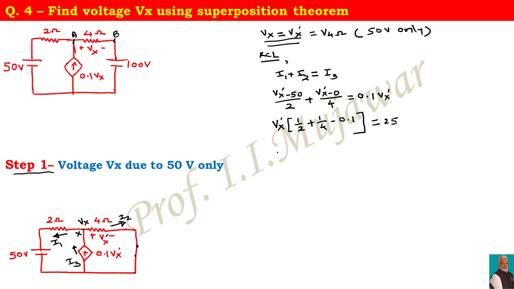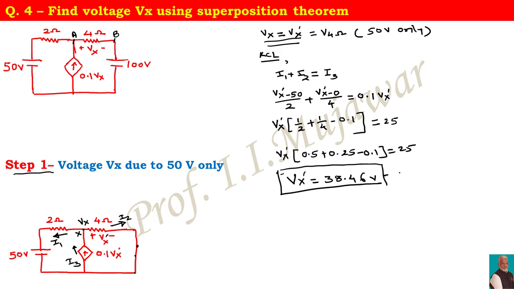So the equation is Vx dash times (0.5 plus 0.25 minus 0.1) equals 25. Solving for Vx dash, it comes out to be 38.46. Let this be equation number 1. That means this Vx dash is the voltage across 4 ohm when only the 50 volt source is considered.